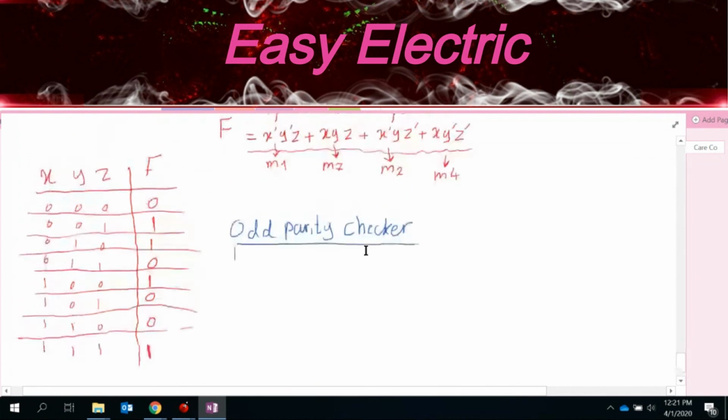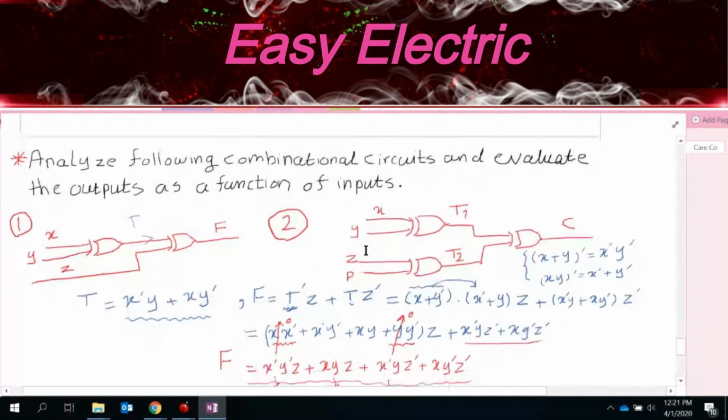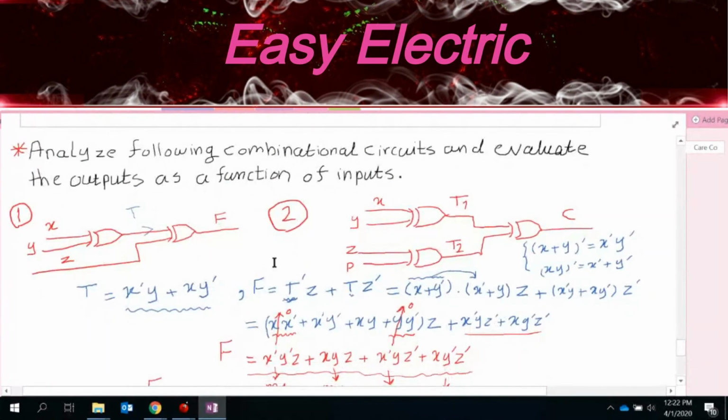Okay, so this is what we call the analysis. As you see, this is exactly the opposite of the design. Whenever you design, you already know what the basic function of the circuit should be, so then you design the circuit and end up with a circuit that does that specific task that we want.